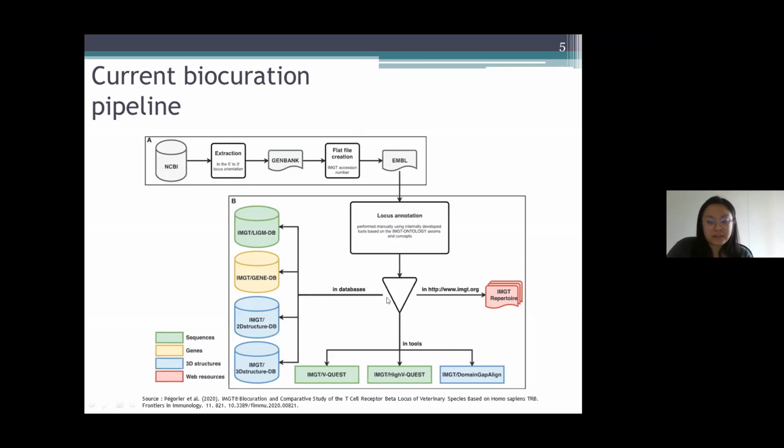Then sequences are inserted into databases. We have IMGT/LIGM-DB for sequences, IMGT/GENE-DB for genes, and two databases for 3D structure. Information about locus annotation is also on our web pages. Finally, reference sequences of IG and TR are inserted into IMGT tools for specialized alignment. So we have IMGT/V-QUEST, IMGT/HighV-QUEST, and IMGT/DomainGapAlign.